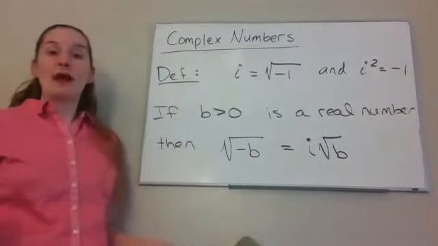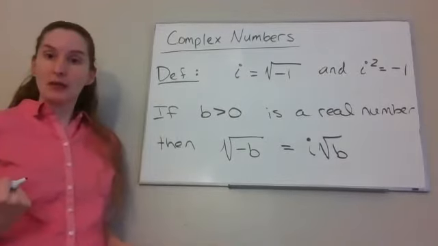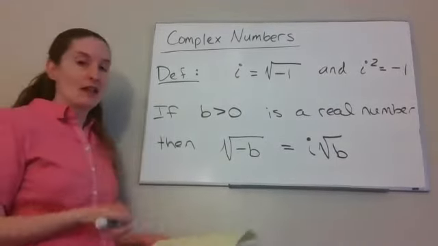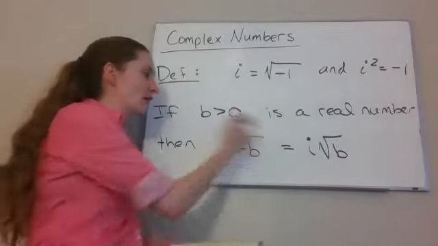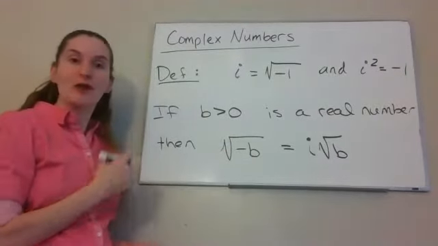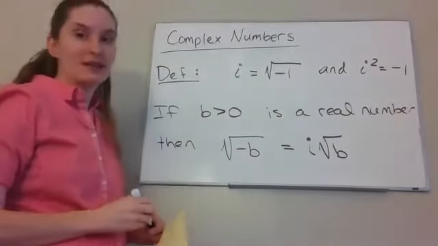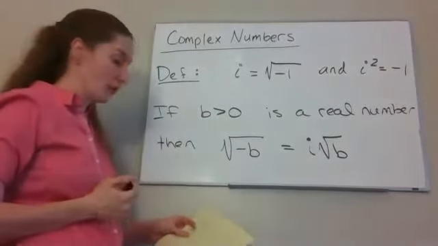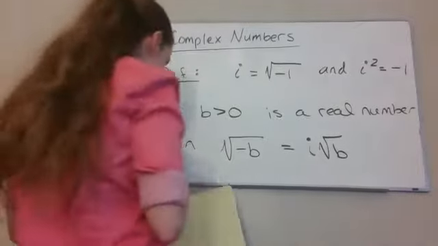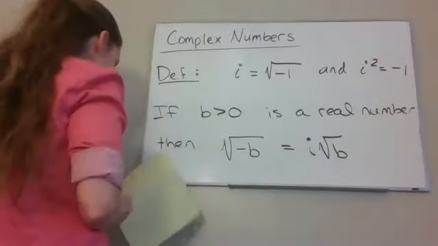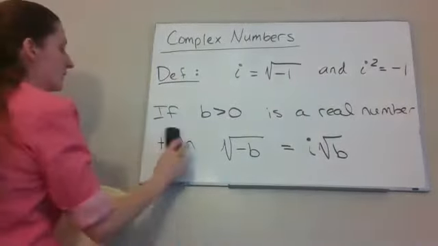So now we have a way to actually calculate square roots of negative numbers. The negative would get pulled out of the square root as square root of -1, which is i. And then we still have the square root of b, which we can then simplify the way we normally do with real numbers. So let's do some practice simplifying some of these roots.